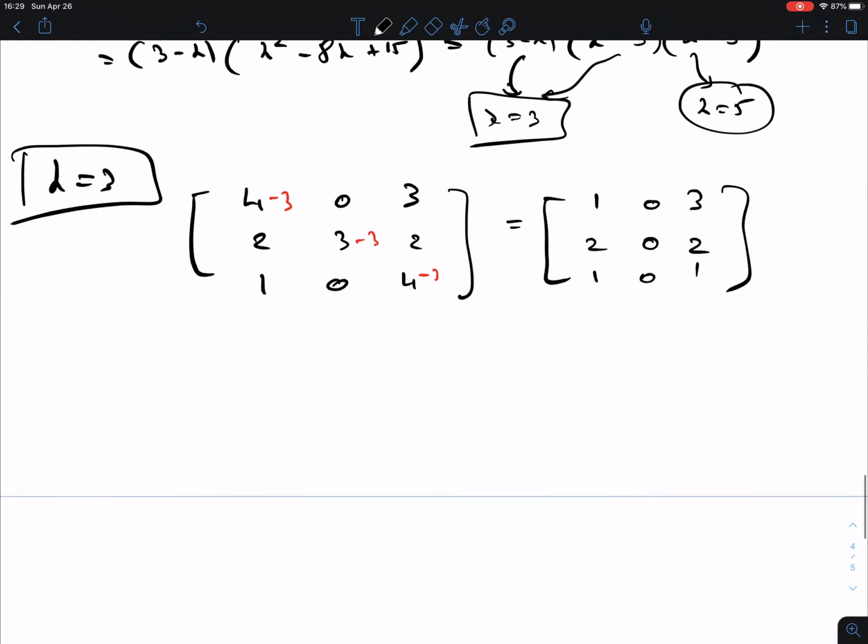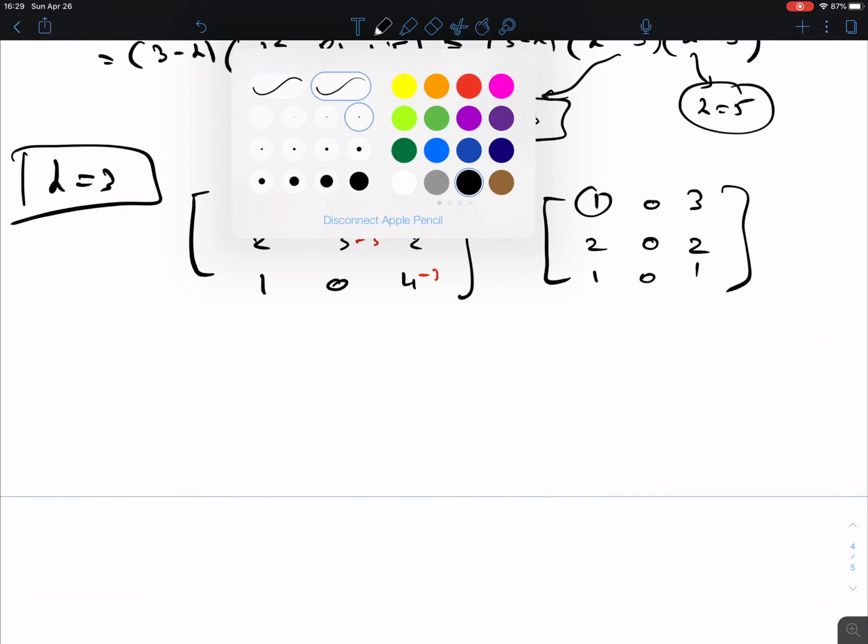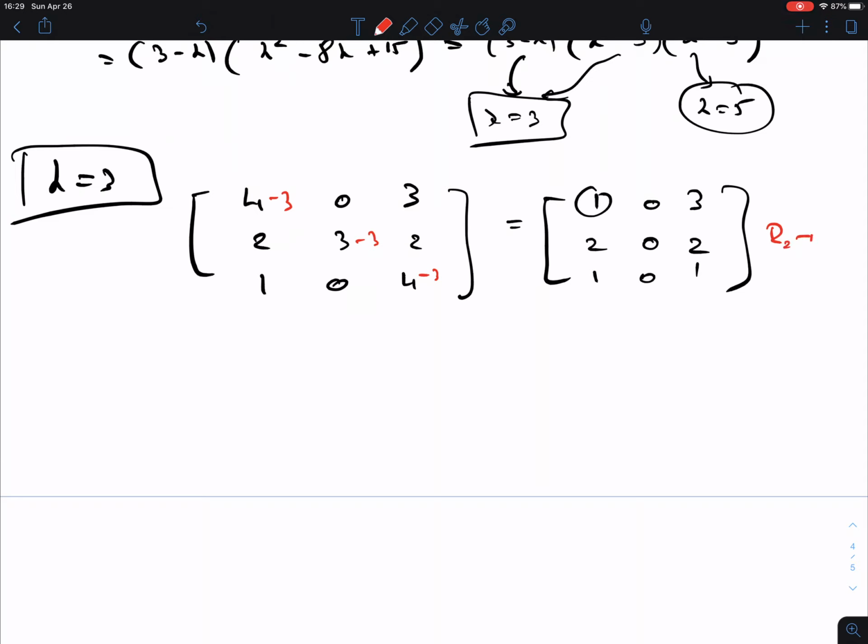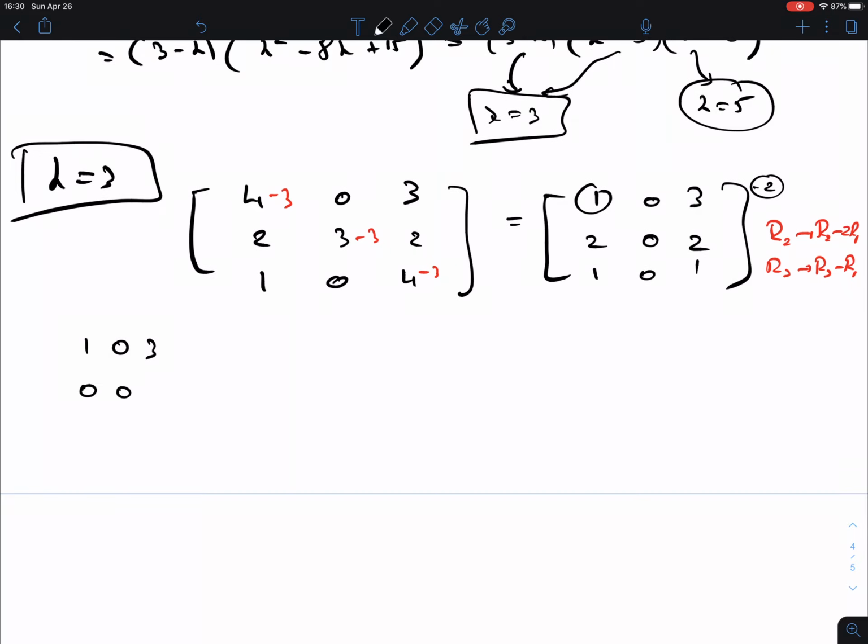Great. I have a 1 pivot, so I'm going to use the row operations, row 2 minus 2 times row 1, and row 3 minus row 1. I get 1, 0, 3. I'm doing this with negative 2, so I get a 0, 0. Negative 6 plus 2 is negative 4. And there I get negative 2.